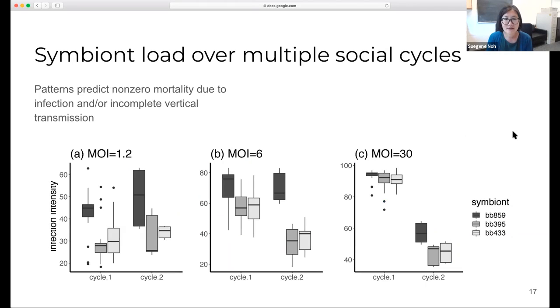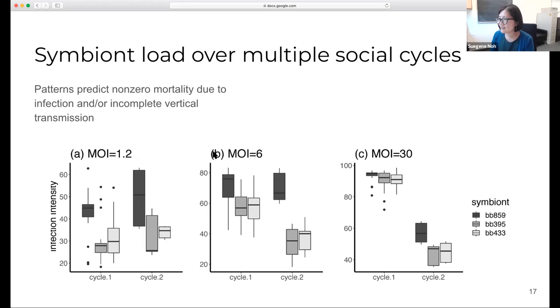So the part that I said I'd come back to is this observation that we had. The cycle 1 ones that you see here are from the host fitness experiment, where we immediately exposed hosts to the different Burke and saw what kind of infection intensities we're getting. The cycle 2 experiments are from the symbiont transmission experiments, where we took those infected hosts and then put them together with uninfected hosts and had them go through a social cycle again.